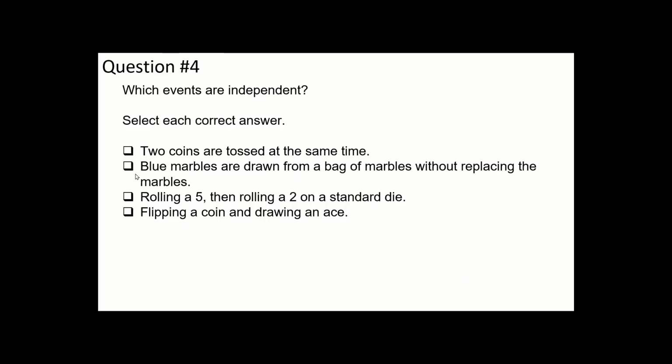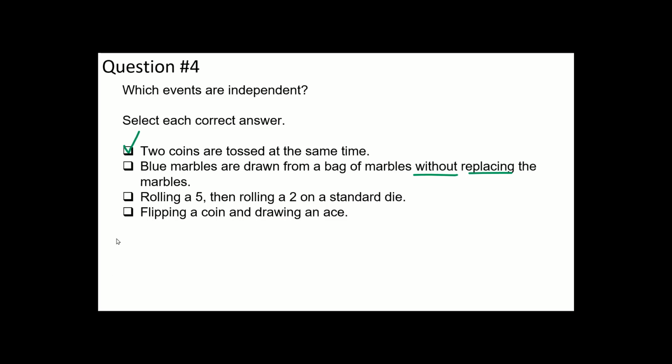So for question number 4, selecting 2 coins that are tossed at the same time is an independent event. We're not taking anything away. Selecting blue marbles from a bag of marbles without replacing is your clue.